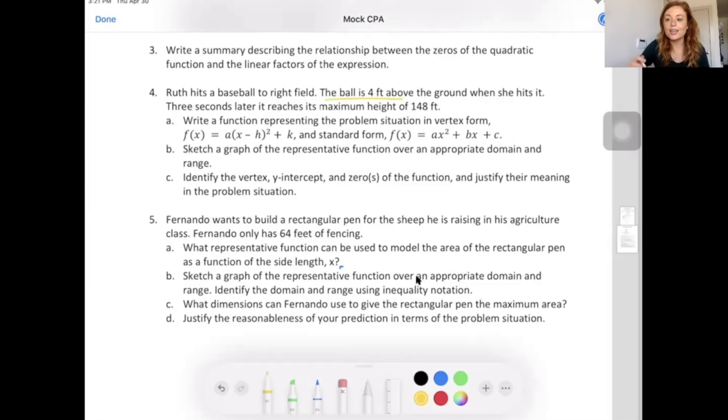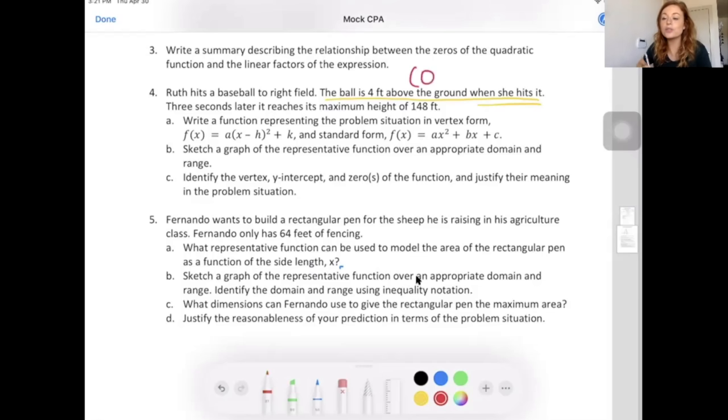You don't start measuring where a ball is before that. You start measuring as soon as it hits the batter's bat, not on the batter's swing, because the ball's not even to them yet. So as soon as she hits it, that's when we start our time. So our time is 0, our x is 0.